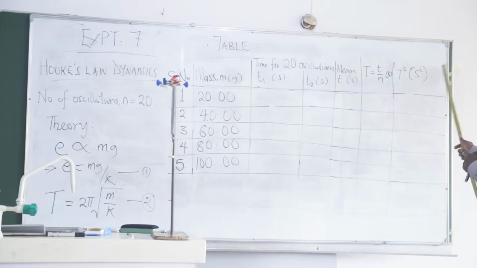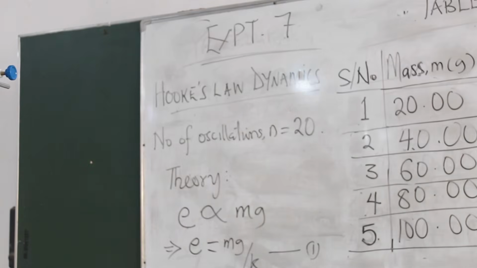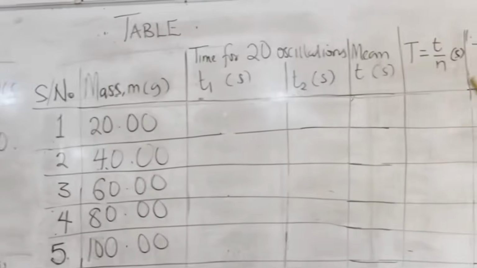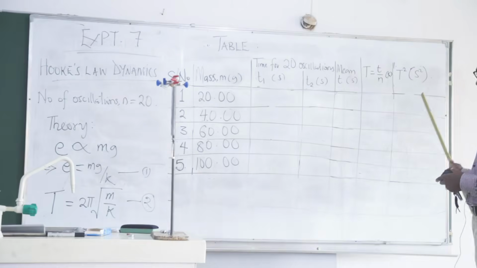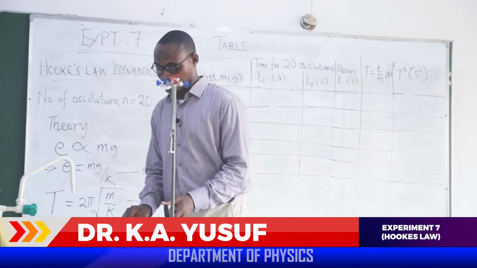Then the last column is the square of the period, which is T squared, in seconds squared. What you need to do is whatever value you get under the period, you just multiply it by itself or raise it to power 2, and you have your value. So that is how you are going to get the values for this experiment.